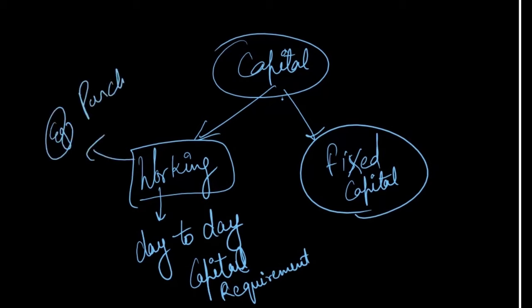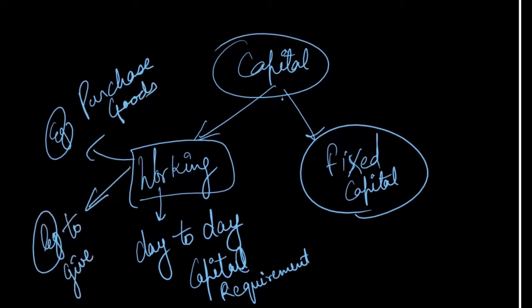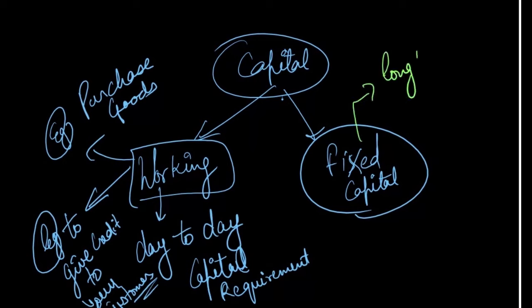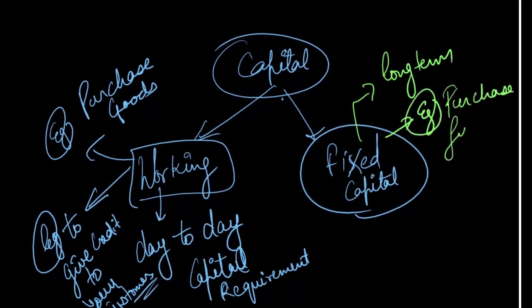For example, to purchase goods, to give credit to your customers. Fixed capital, it's for long term. Example, purchasing fixed assets like land or building.